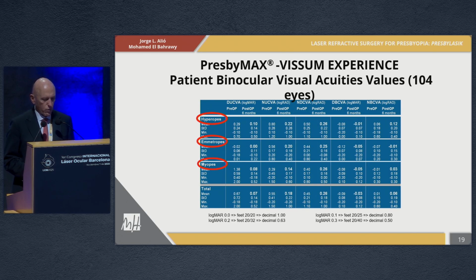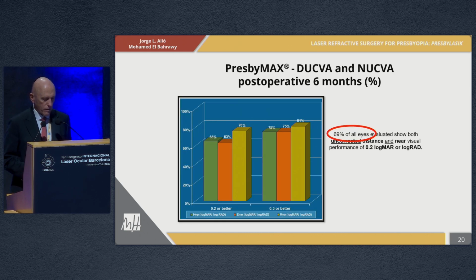In this published paper with 104 eyes, we demonstrated that the technique works equally in myopic and hyperopic eyes, and better for the myopic eyes, those who complain of not enough close near sight, because there's good long-sightedness, and results were better than with hypermetropes.